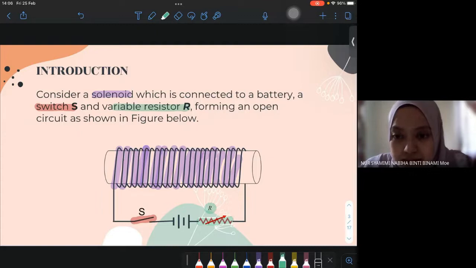This is the nice name, Azlin Azrina. Azlin, what is the function of variable resistor? Azlin Azrina, what is function for variable resistor?